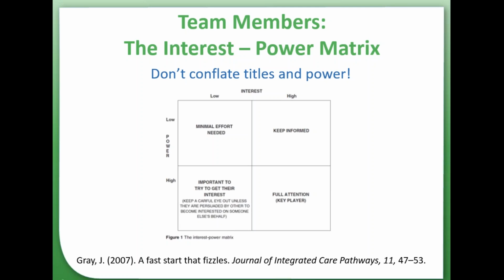If that were to occur, they would then move to the key player box, and it would require additional time and energy to persuade them to support you. So you may want to work to win these people's interest, since their power could be very helpful to you. Players with low power and high interest should be kept informed to reduce the risk that they become upset and start a counter campaign.